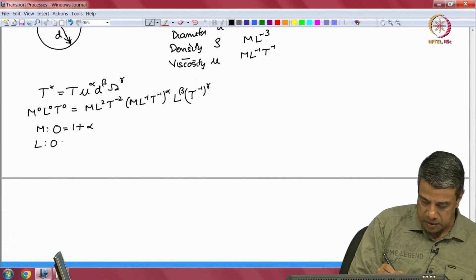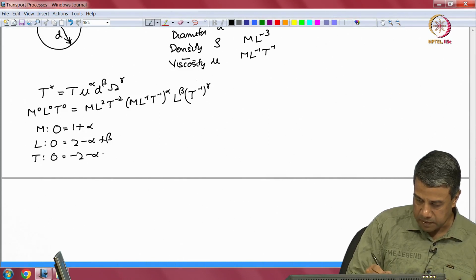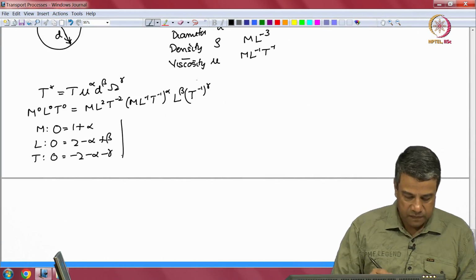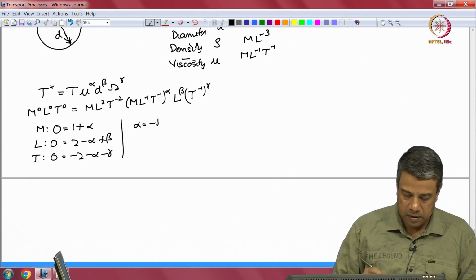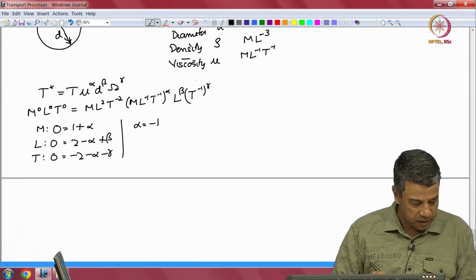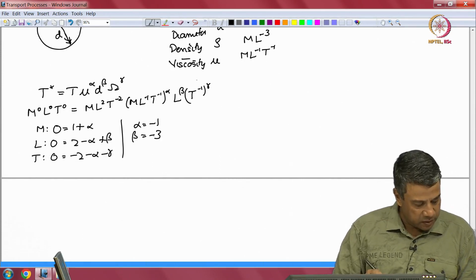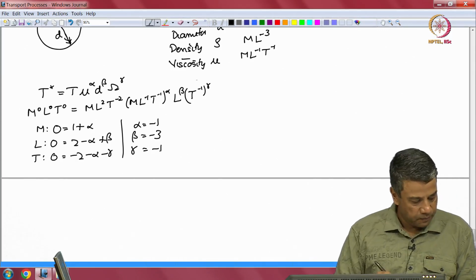Length dimension: 0 is equal to 2 minus alpha plus beta. And the time dimension: 0 is equal to minus 2 minus alpha minus gamma. You can solve these 3 quite easily. You will get alpha is equal to minus 1, put that in the equation for length and you will get beta is equal to minus 3, and put that into the dimension for time and you will get gamma is equal to minus 1.